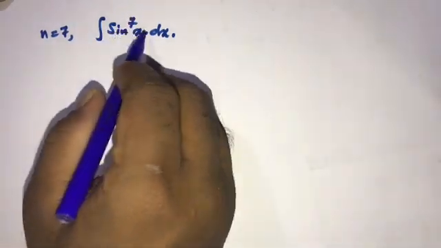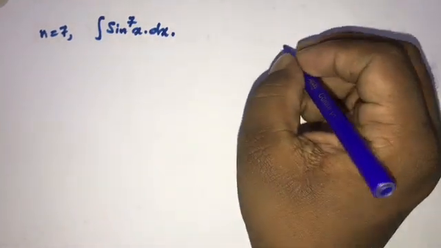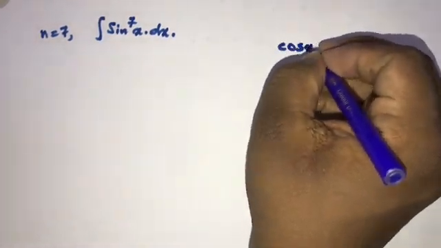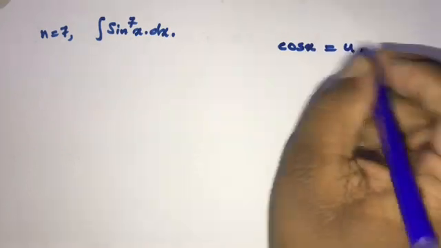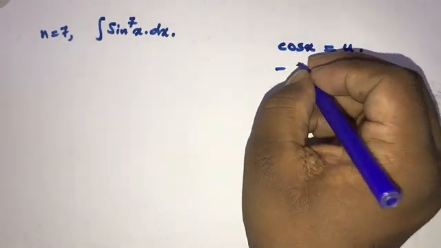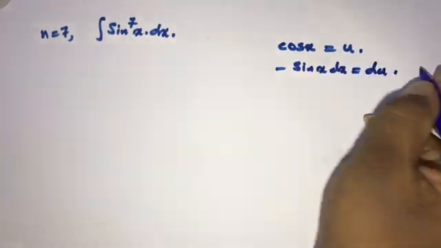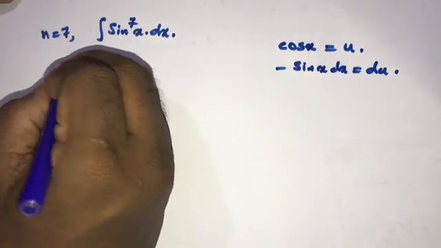Okay, now when n is equal to 7, the question is the integral of sine to the 7th power of x dx, so we can use the substitution method. So if we take cosine of x equal to u, differentiate with respect to x on both sides, so minus sine of x dx is equal to du. Okay, now substitute.